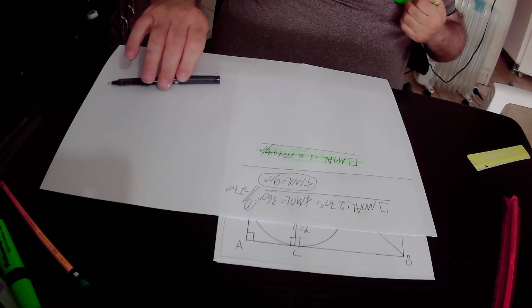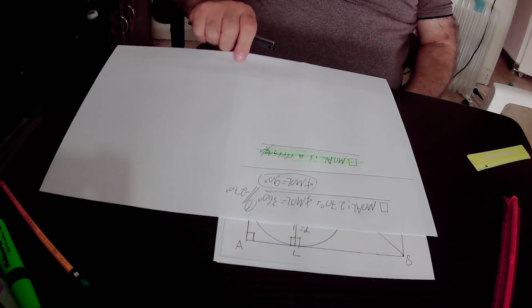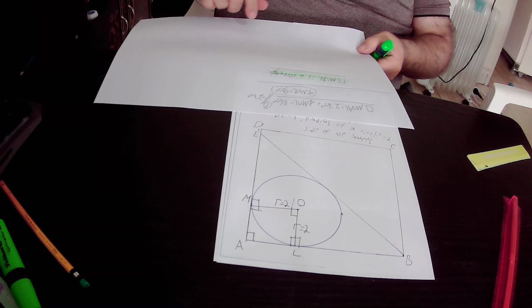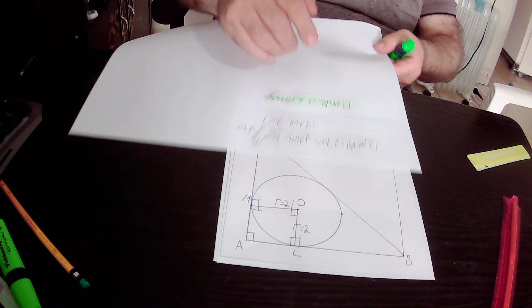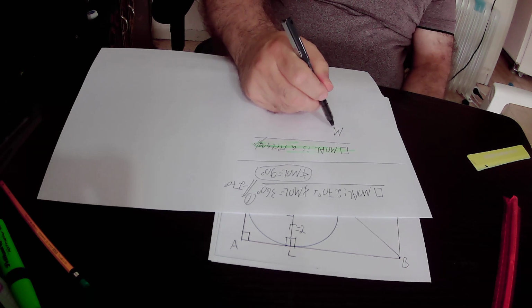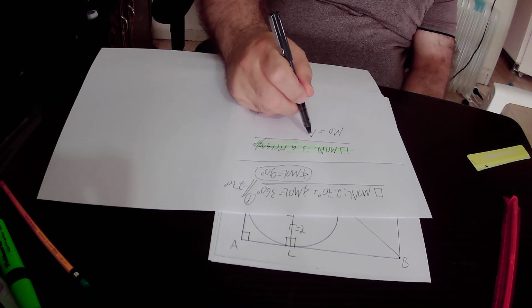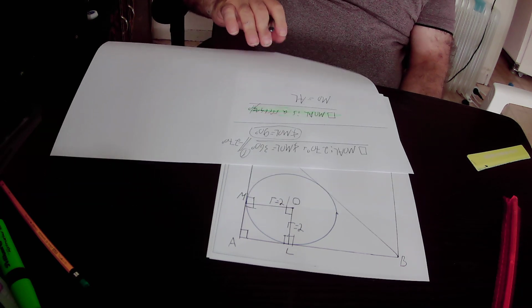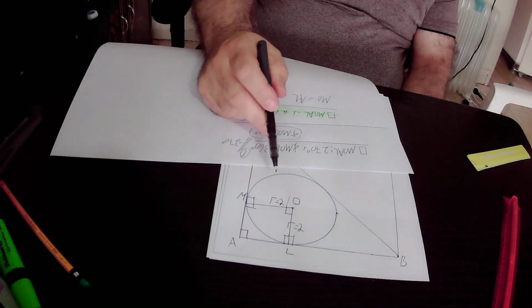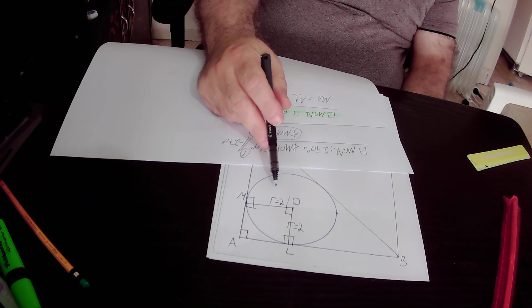We know that the opposite sides of a rectangle are equal to each other. So in rectangle MOAL, MO must be equal to AL. But MO equals 2 units. It is the radius of the circle.